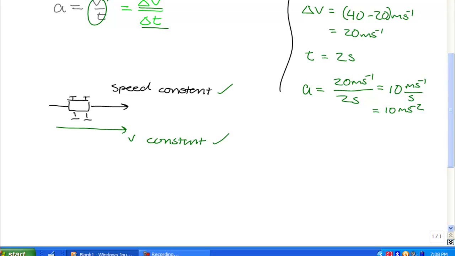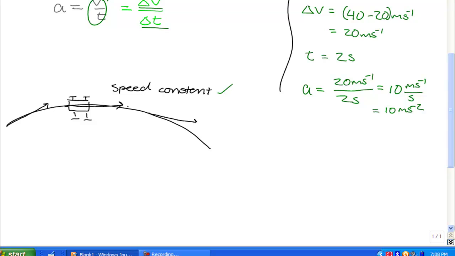But imagine what happens if this car now, instead of traveling along a straight line, begins to take a corner, just like how I described earlier. Right? When it begins to take the corner, it's traveling like so. Where it is now, its velocity is directed along the path it's going. When it moves forwards a little further, its velocity will be directed at an angle to the path like this.